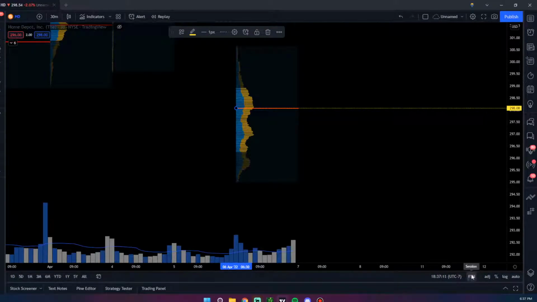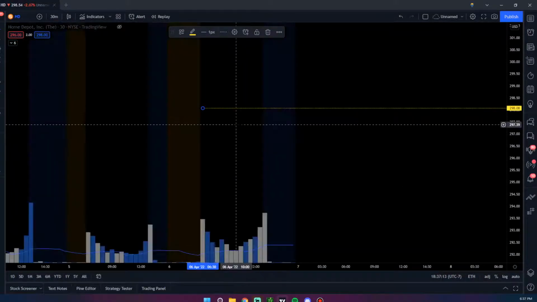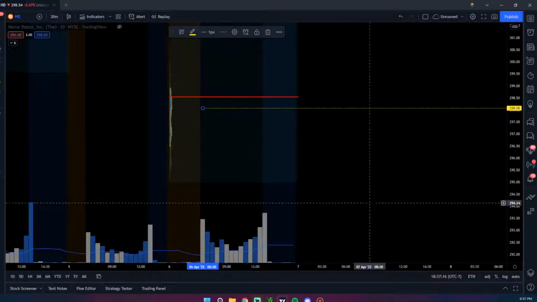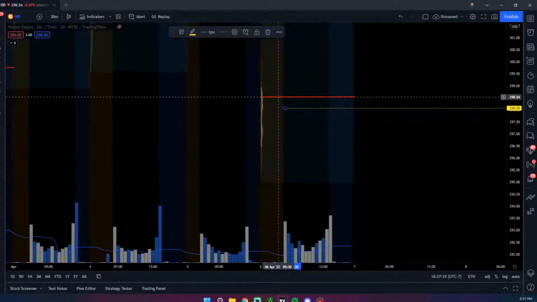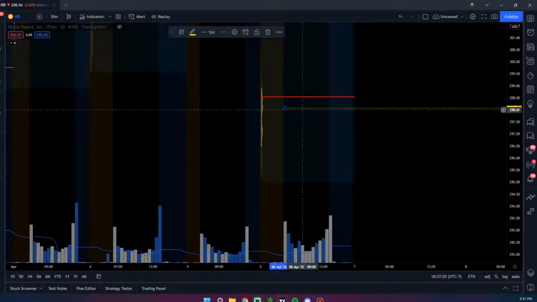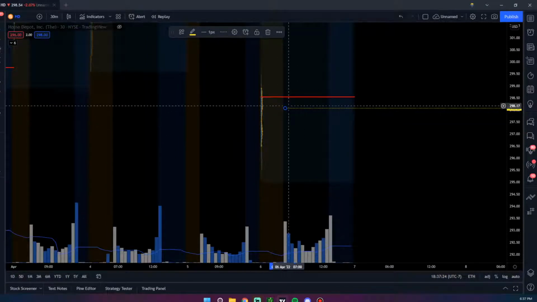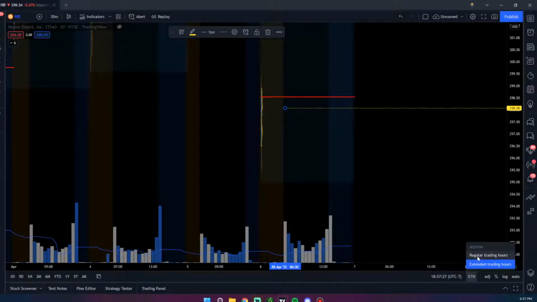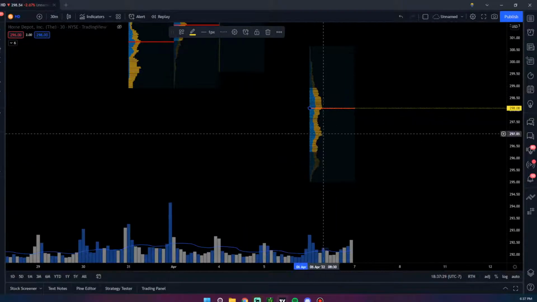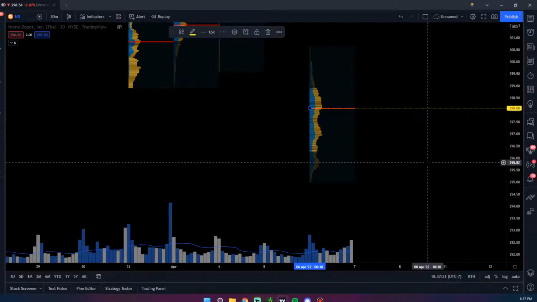You can always check with extended trading hours on and off. Generally, they don't move, but in this instance, you can see extended trading hours on, my POC did move. So you want the POC that has just the regular trading hours and not the extended.